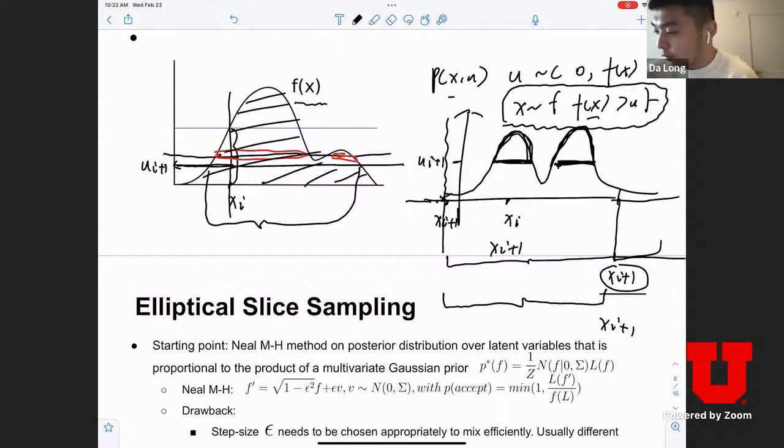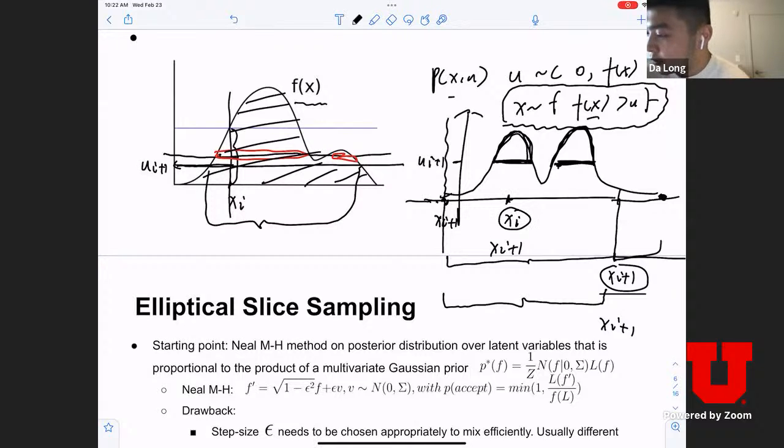Would you repeat? I'm not sure what you mean. So your first point is to the left of the two peaks, but how about if the first point you sample is located to the right of the two peaks? Oh, you mean the first sample is here? Yeah. Oh, so you just discard, because you need to look at the current sample.